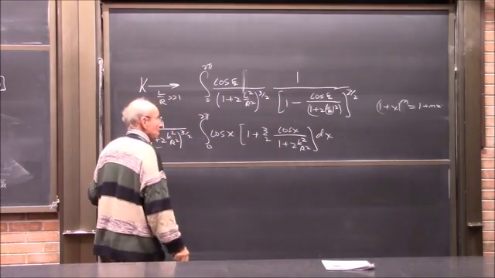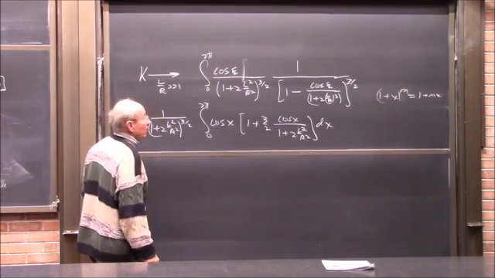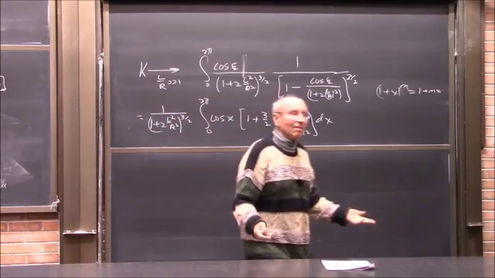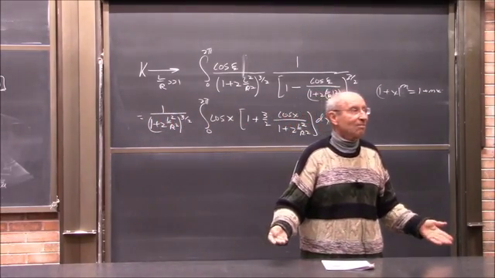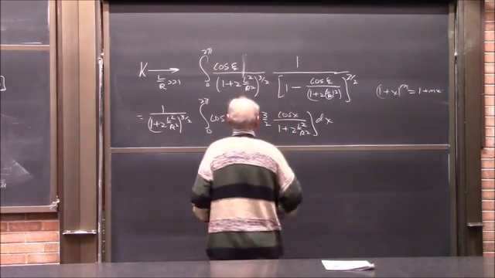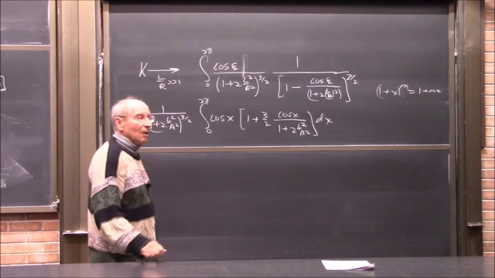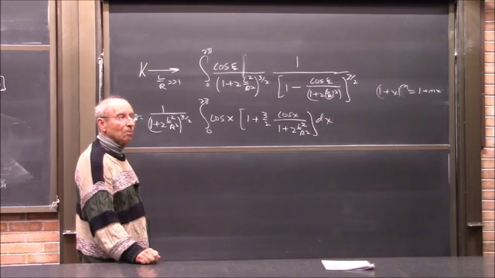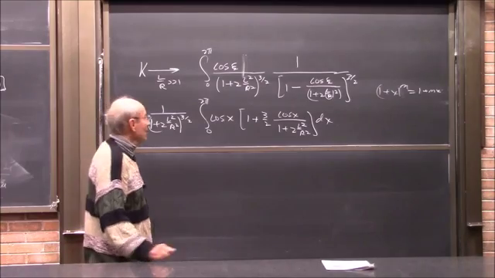But what's the integral of cosine from 0 to 2 pi? 0. Right? It's a complete cycle. And the other one is the integral of cosine squared. Well, the average value of cosine squared is a half. Go from 0 to 2 pi, and you just get pi.